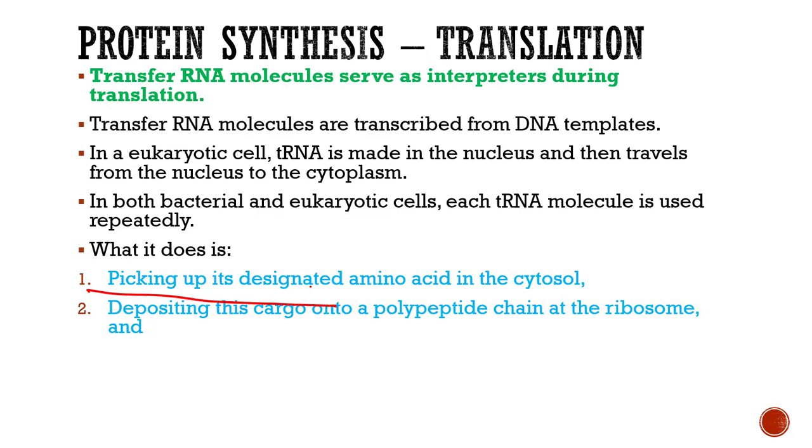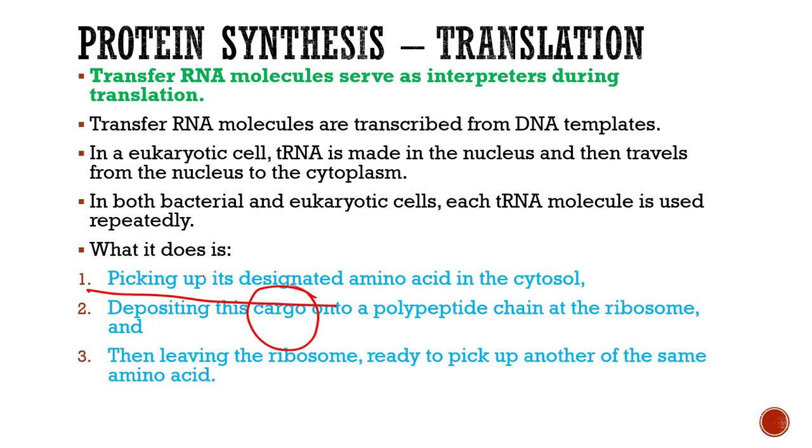It brings that amino acid to the translation machinery, depositing this cargo, that is the amino acid, into the polypeptide chain at the ribosome, and then leaves the ribosome and picks up another amino acid of the same kind, that is glycine or histidine or proline, whatever the case might be.